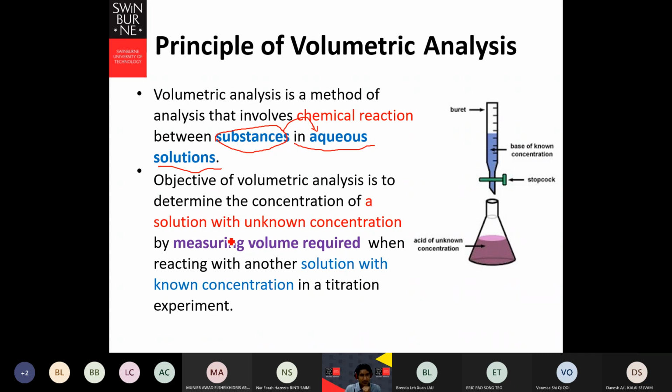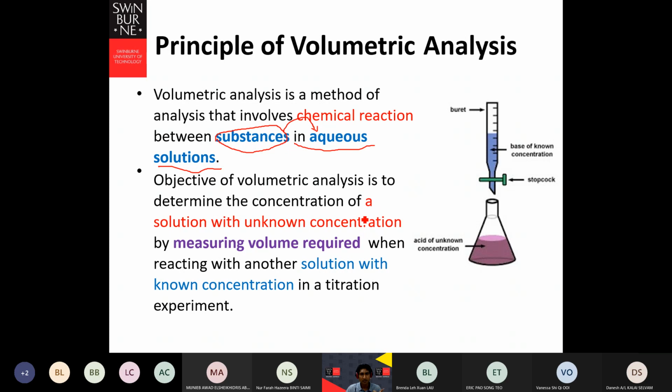And so by measuring the volume required of one solution to neutralize another one, when I'm saying neutralize, I mean to fully react with another one, we know the known concentration of the other solution.